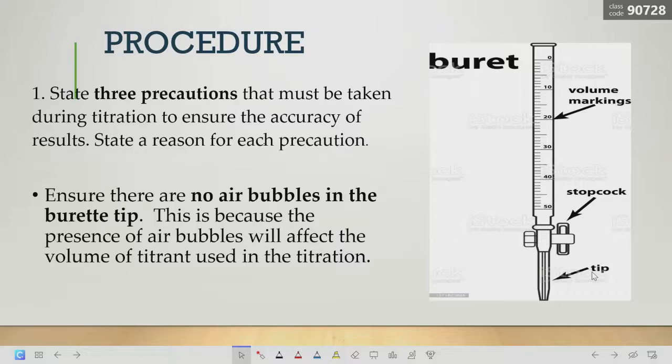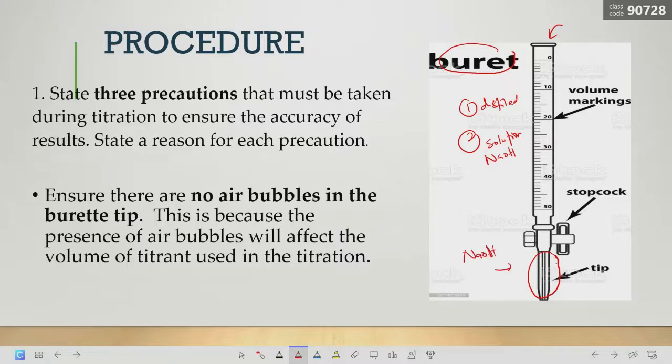This is the tip. So when you rinse the burette, first rinse with the distilled water, and then second you have to rinse with the solution that we want to fill here. For example, you want to fill NaOH, so make sure you masukkan dia dalam ni, make sure this tip ni mesti penuhkan dengan NaOH.